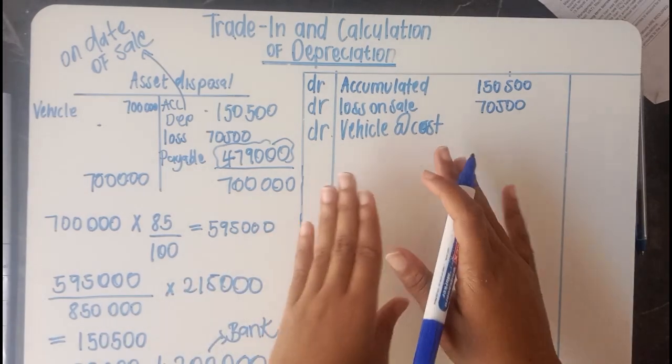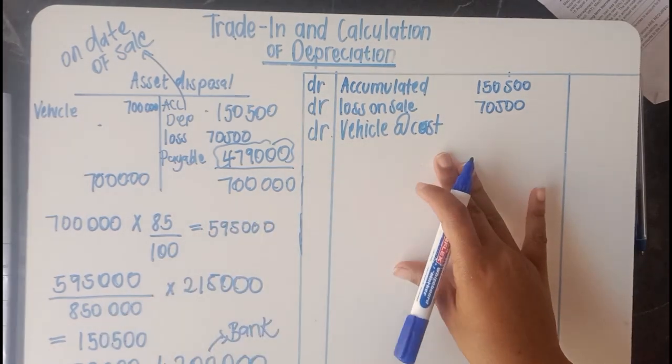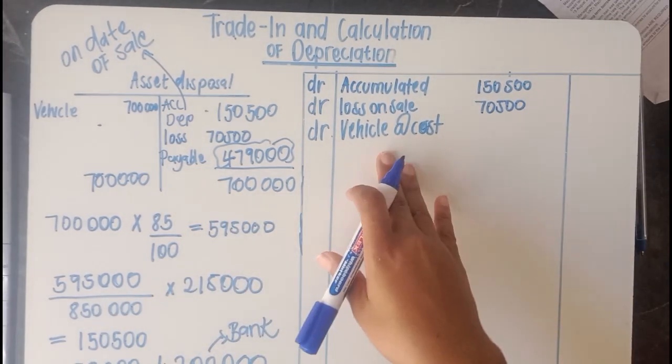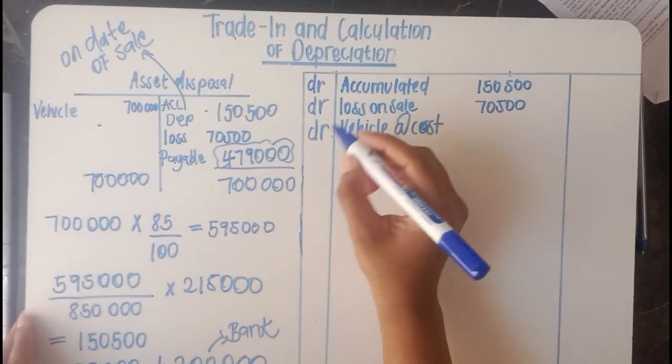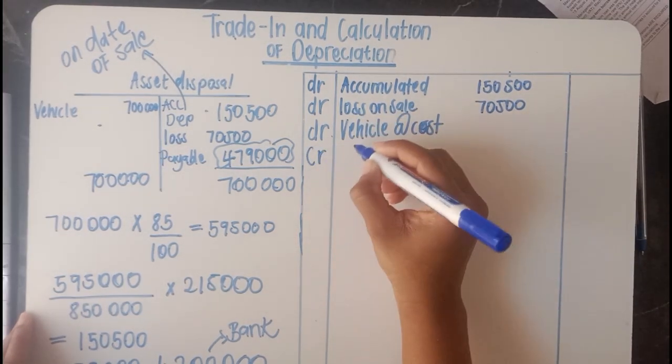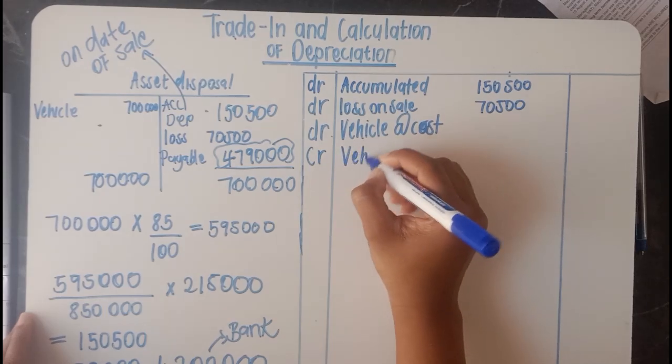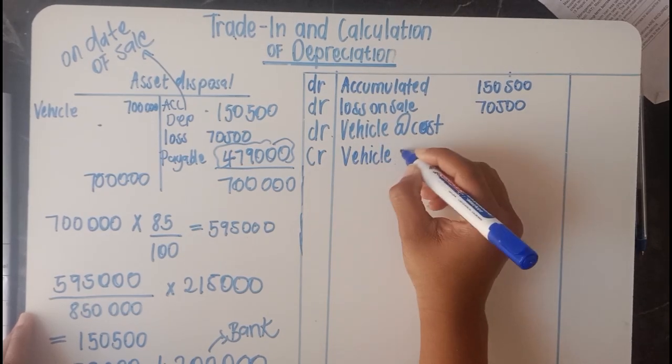I want us to leave it for now in order for you to see that this amount we're going to get in the straight line way. You understand? So you're going to have vehicle at cost, and then you're going to credit your vehicle that you sold, but you credit it at cost as well.